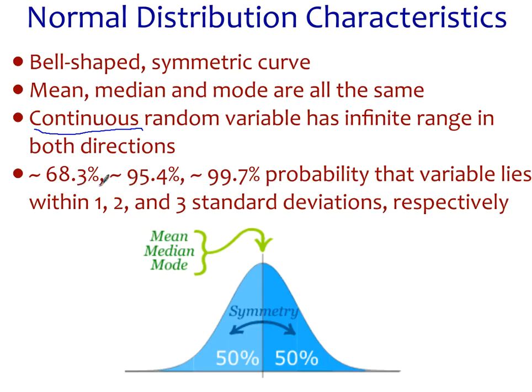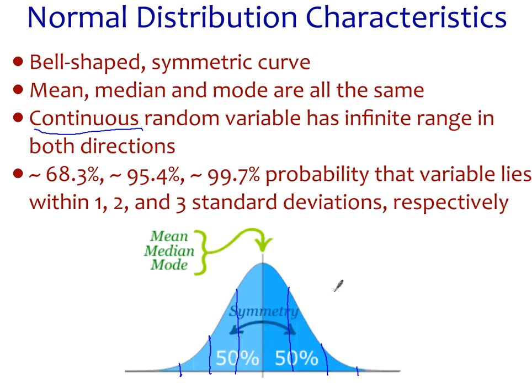Another common fact about the normal distribution is that about 68.3% of the values lie within one standard deviation of the mean. So imagine between here and here are 68% of the values. Within 2 standard deviations of the mean, you would have roughly 95.4% of the values, and then within 3 standard deviations of the mean, you've got 99.7% of the values lying in between.